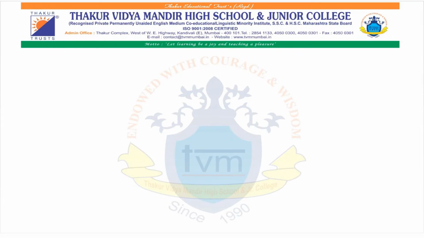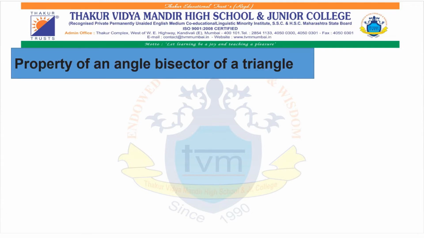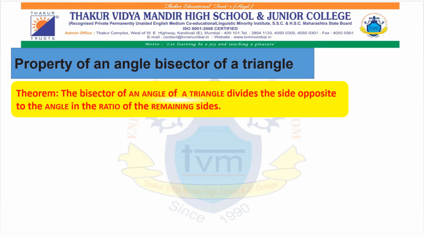Let us prove the theorem, which is called the property of an angle bisector of a triangle. The statement of this theorem says that the bisector of an angle of a triangle divides the side opposite to the angle in the ratio of the remaining two sides.